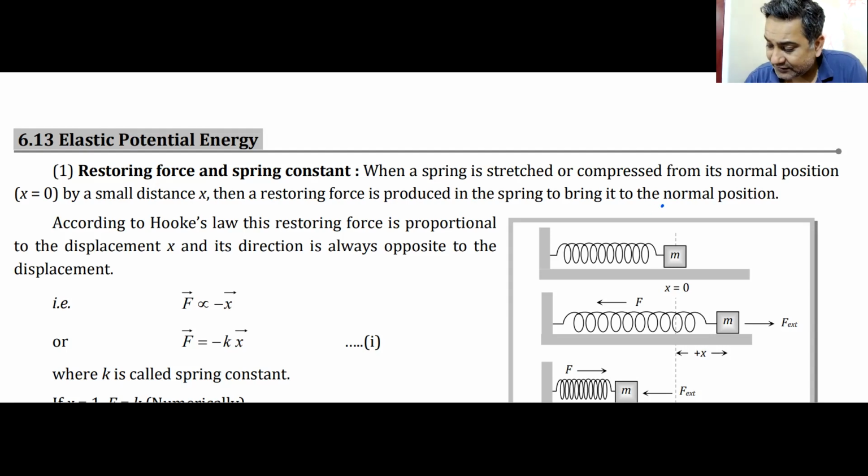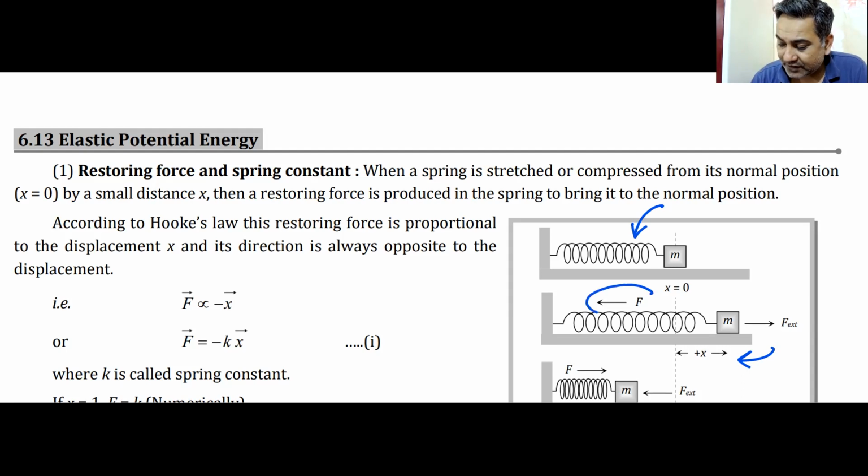As you can see here, this is a spring which is in its natural length, and a body of mass m is attached to it. If the spring is at its natural length, there is no force acting on the block. But if I now extend it, as you can see, it has been extended by x amount. So what will happen?